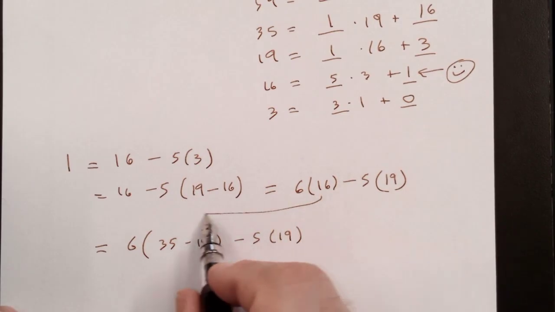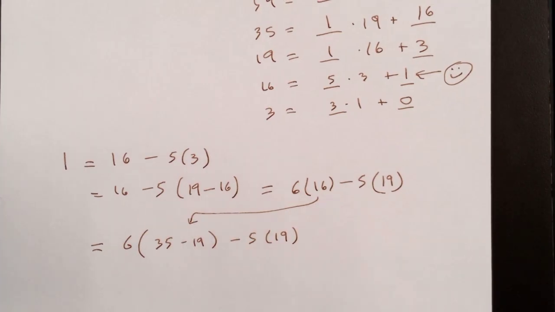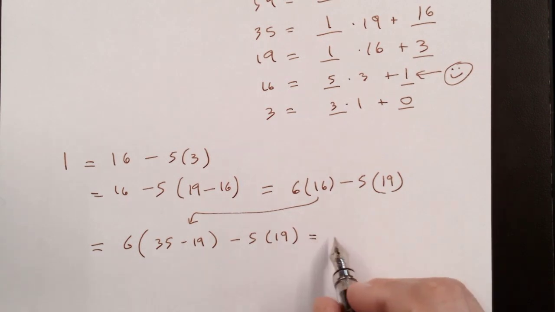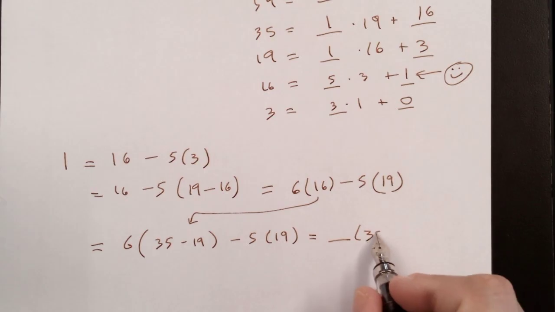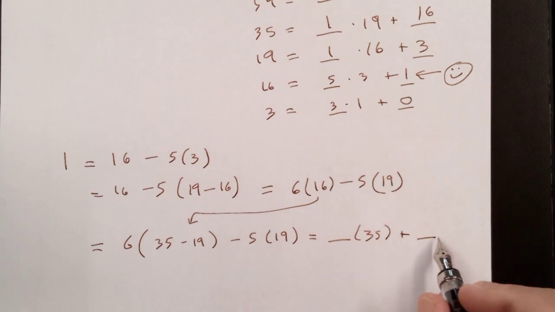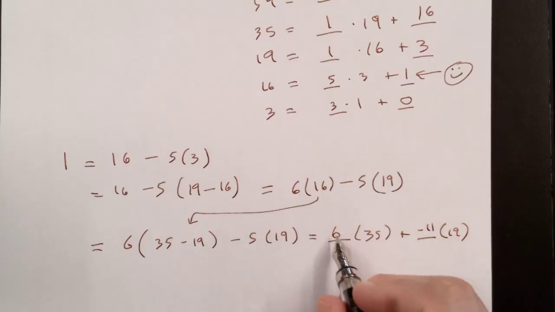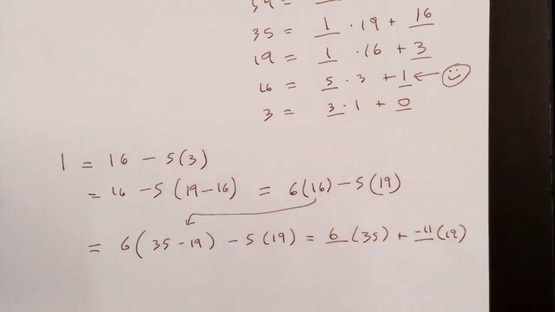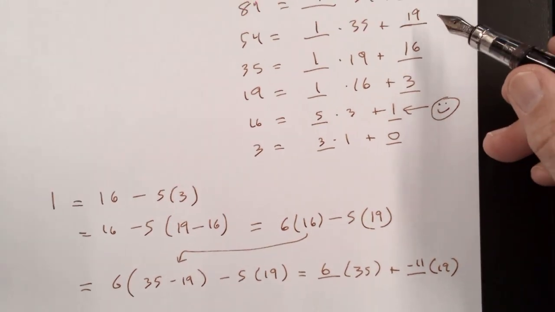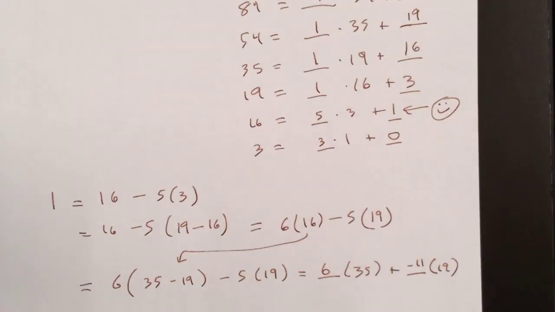So I replace this. How many 19s do I have now? And 6 35s. Well, now I go up to the one where the remainder is 19. The remainder is 19. 19 is 54 minus 35.